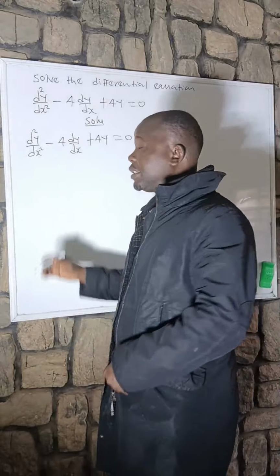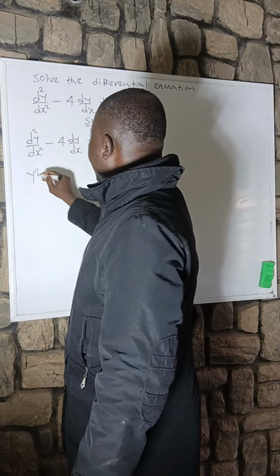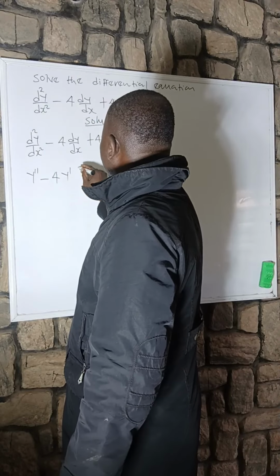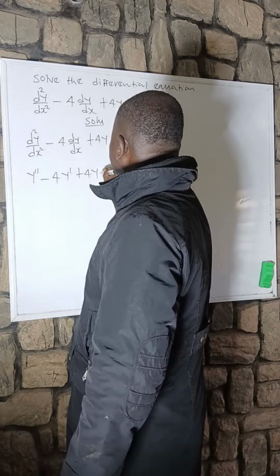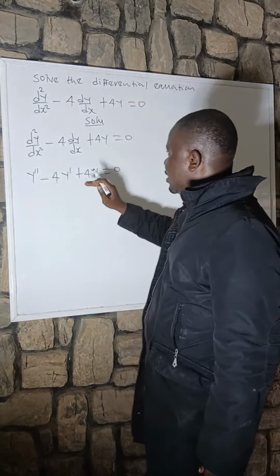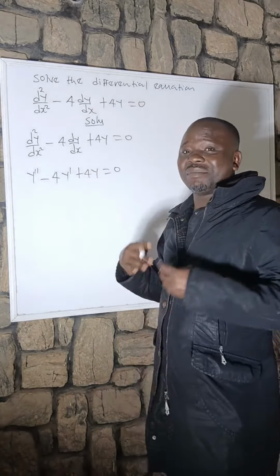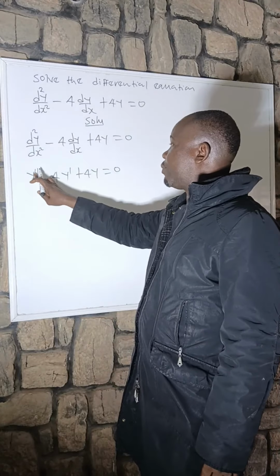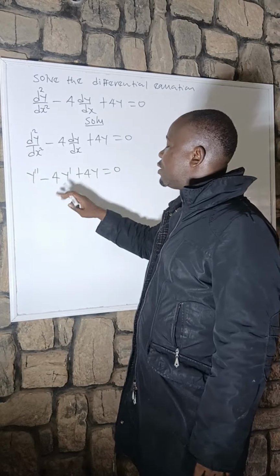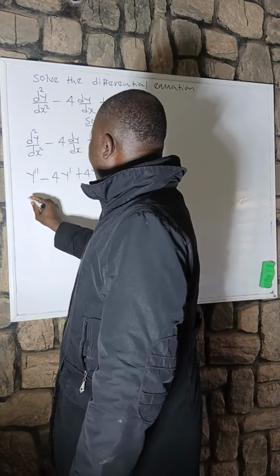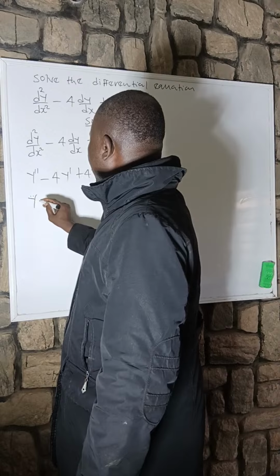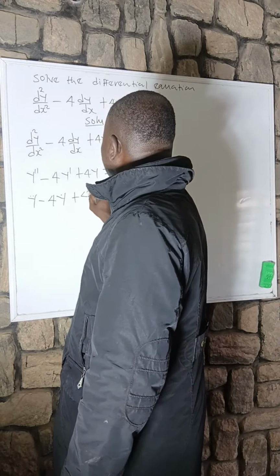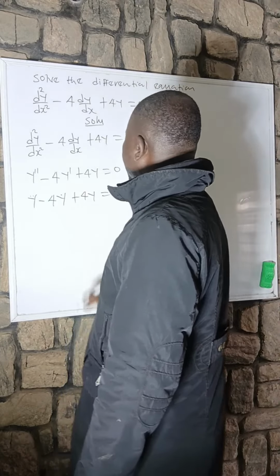We can present it in this form: y prime prime minus 4y prime plus 4y equals 0. This and this are the same thing. The difference is the notation. The notation here is prime prime. True or false? Then we can use y dot dot minus 4y dot plus 4y equals 0.